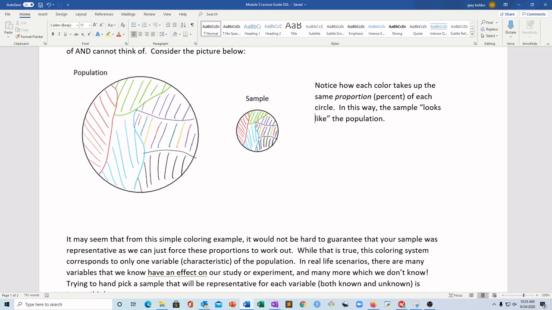Because that would mean that this purple proportion here, the people who fall into this purple group, we should end up in the sample with about that same percentage or proportion of people who fall into the purple group. Now this is random, so it's not going to be perfect, right? Randomness means it's not going to be perfect, but it will be good. It will be pretty good. It will do a good job.